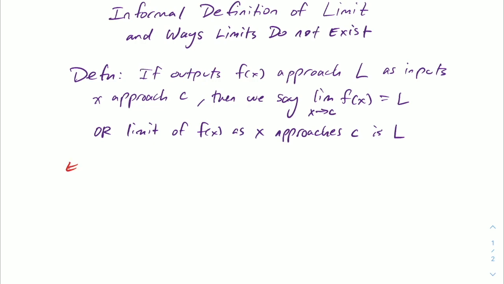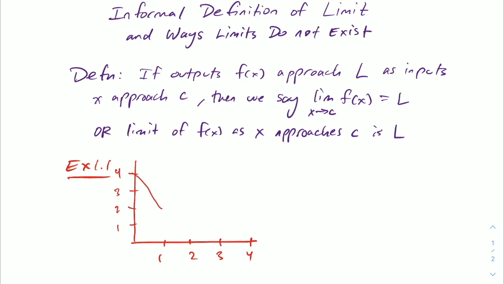Okay, so let's look at an example of this. Let's say we have the following function that's described by a graph. The function looks like this. It starts at 4, goes down to 2, and then down to 1. At 1 it hops up to 2, and then it goes back down like this, and then like that.